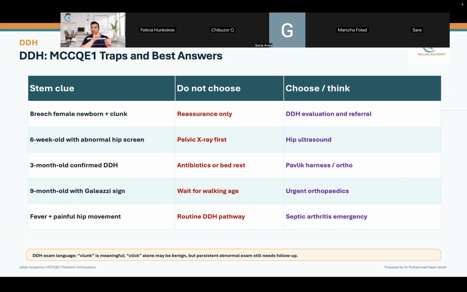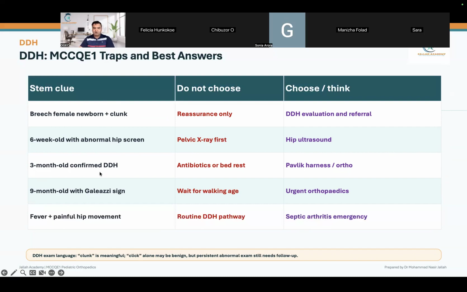Because you don't read the week. That is 6 weeks, that's not 6 months. So read it properly, take your time, and the more questions you do, the easier it will get, okay? So 6 weeks is ultrasound, not X-ray. 6 months, yes, then you can do the X-ray. Based on age, it is month, not week, okay? That's why I made it red, because it is very commonly mistaken by the IMGs in the exam.